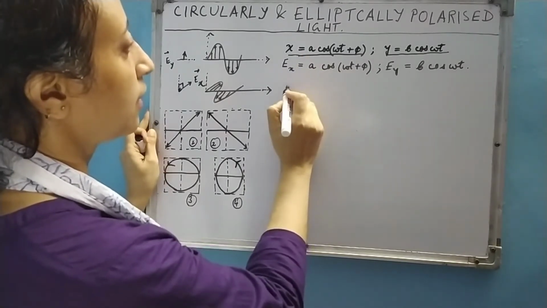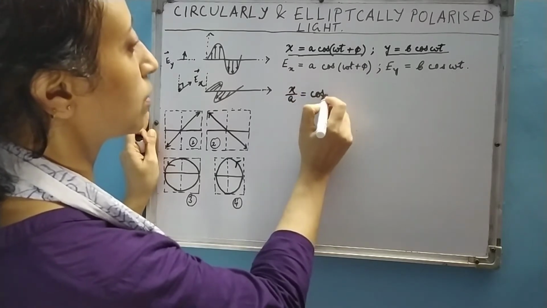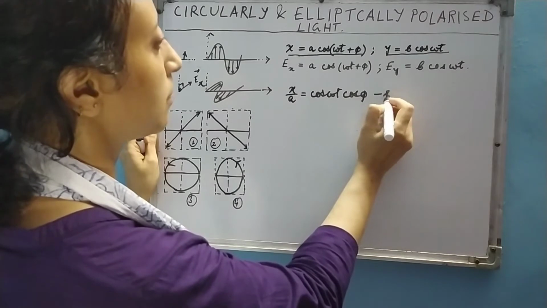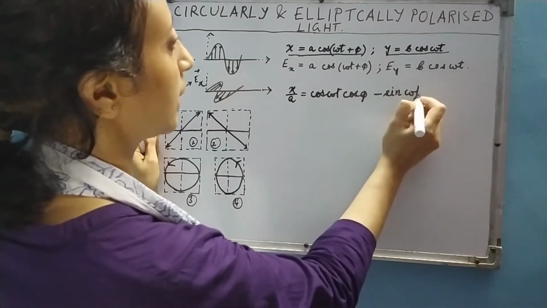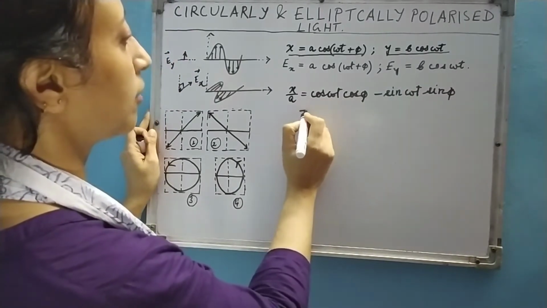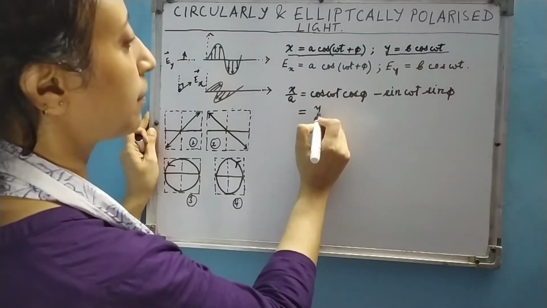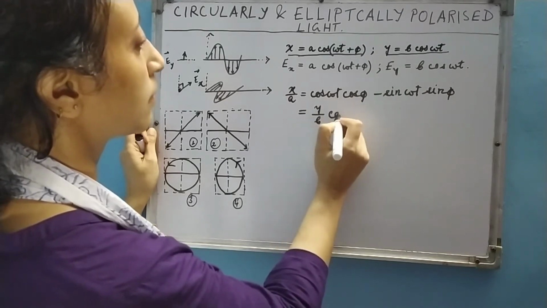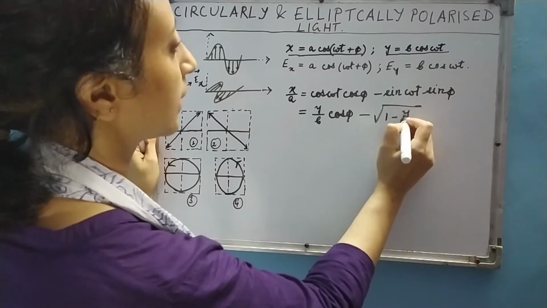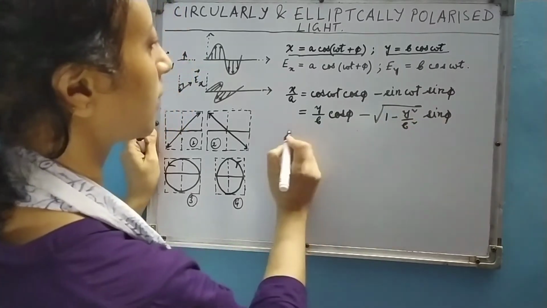Take the first one, write x by a equals cos omega t cos phi minus sin omega t sin phi when you expand the right hand side. Then from the second equation, cos omega t equals y by b, and sin omega t will be the square root of 1 minus y square by b square.